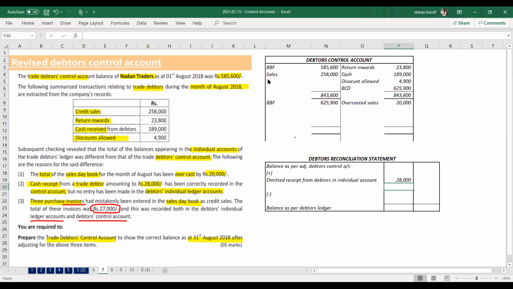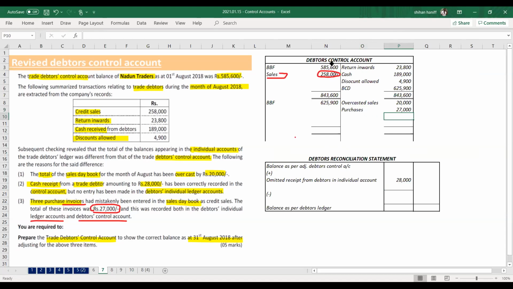If it is recorded in the sales day book, it is here. How do you correct the control account? We have to credit purchases, mistakenly recorded as sales, 27,000.